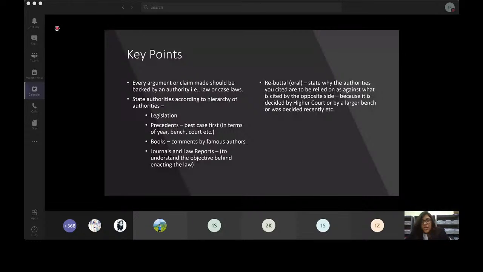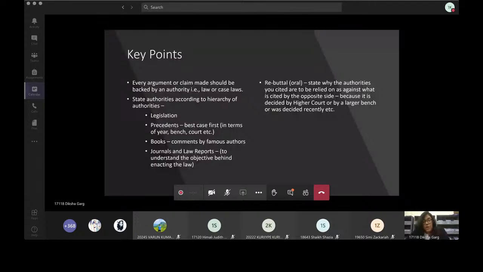During this exchange, it is always best to look at the authorities which have been cited, because it is quite possible that they have cited a case law which has been overruled, or a legislation which no longer has any binding value because it has been declared unconstitutional or something like that. So attack these, because they show that you are well prepared and much more aware of the present legal standings, which obviously increases your points.